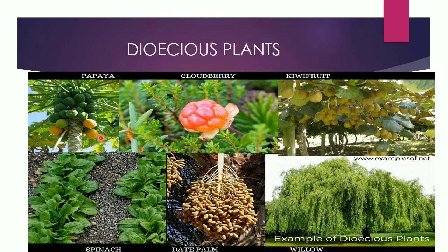It can be there in our premises. There will be a male plant as well as a female plant, and on the female plants the fruits will come, but both types of plants should be in the same locality. Then the plant will give fruits in a faster way. So these are dioecious plants.